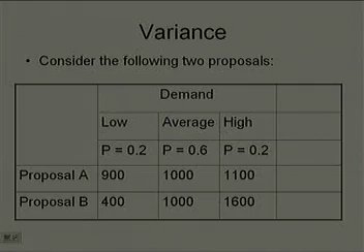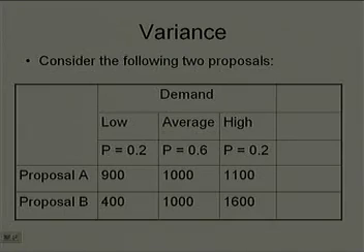Now, what I will do is I will just introduce you to the expression that we need to use for calculating the variance. Before that, if you try to look at these two proposals, in proposal 1 or proposal A, if the demand is low, it is going to give you 900.